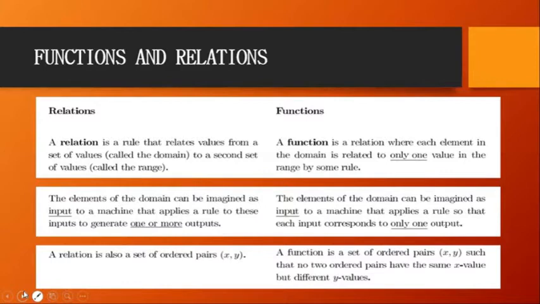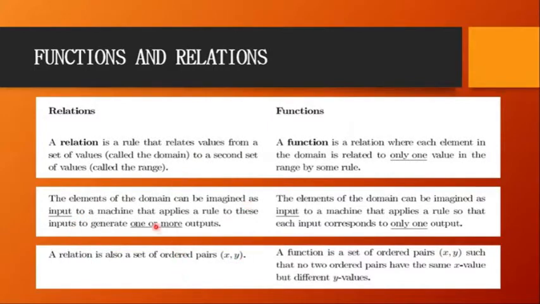A function is a set of ordered pairs, xy, such that no two ordered pairs have the same x value but different y values. Okay? Para lang din siya yung na-explain ko kanina dito. Sabi ko kanina, for every x, for every input, dapat meron tayong y, meron tayong nag-iisang output.